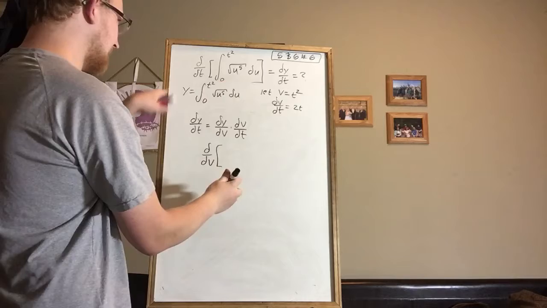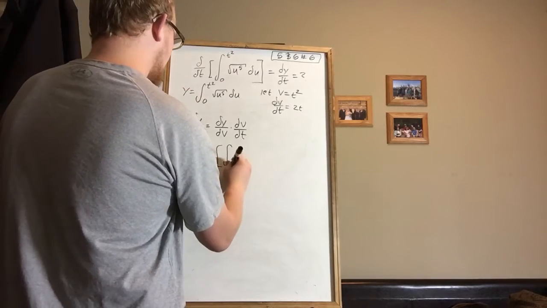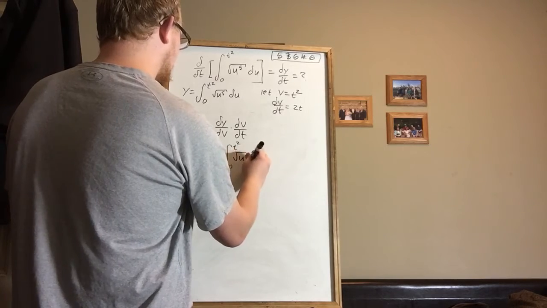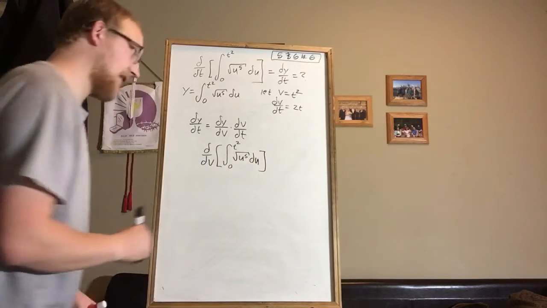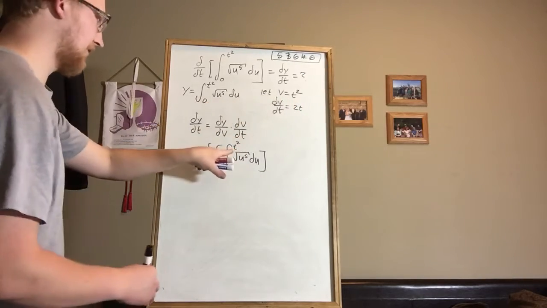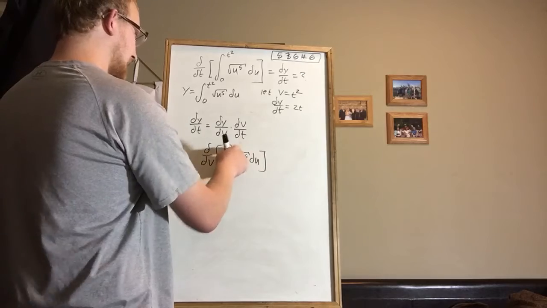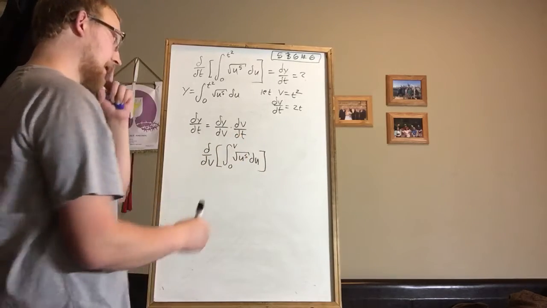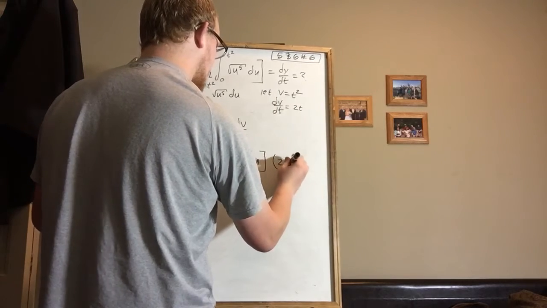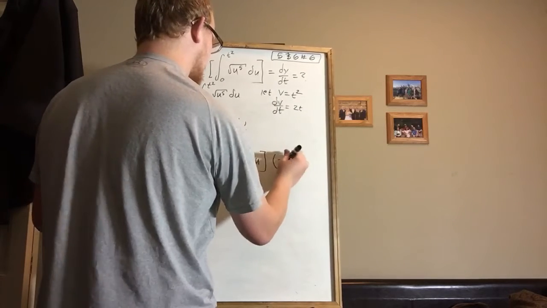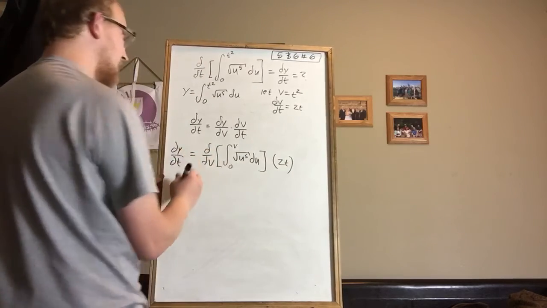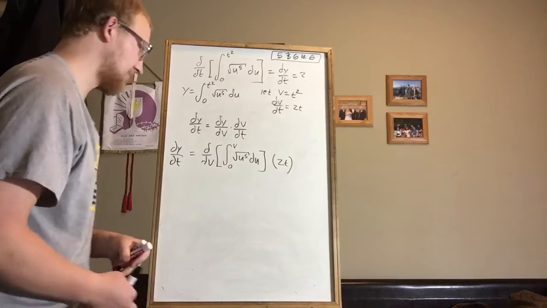Y is this, I defined this as y, the integral from 0 to t squared of the square root of u to the fifth du. And here's the caveat: because I did my substitution, wherever there's a t squared, I can replace it with a v. And so I can replace this up here with just a v. And then dv/dt, of course, we solved for that, it's 2t. And so now we've shown that this new expression is in fact equal to dy/dt, which is what we want to solve for in the first place.